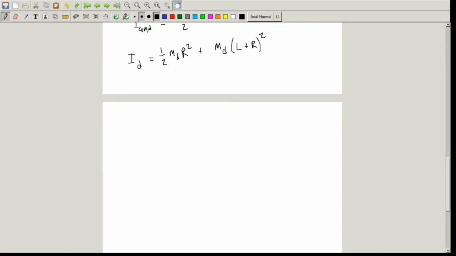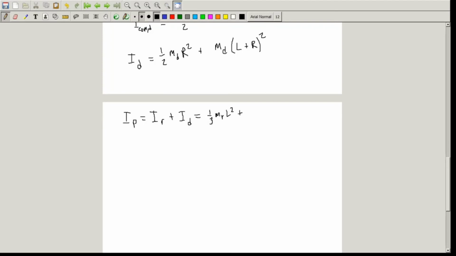Now for the total inertia of the pendulum, we just have to add the inertias from the two pieces that we have. The I for the rod plus the I for the disk. And the I for the rod, if you remember, was 1/3 m sub r L squared.